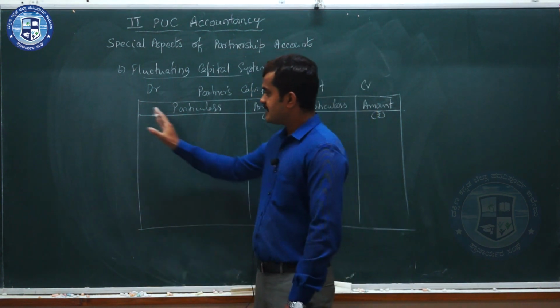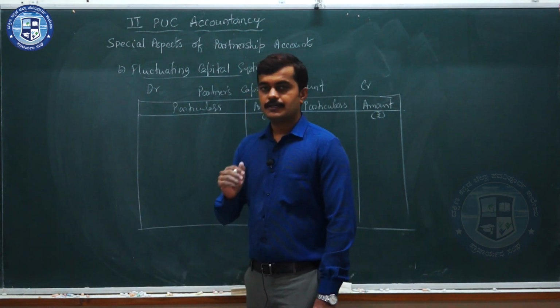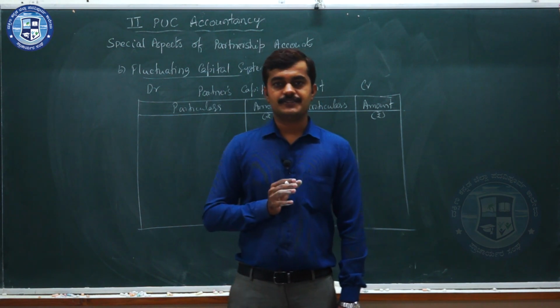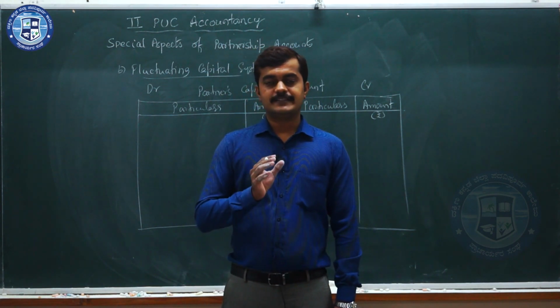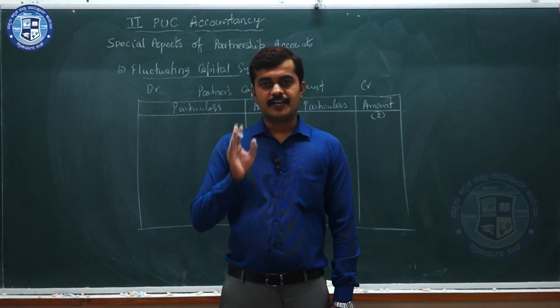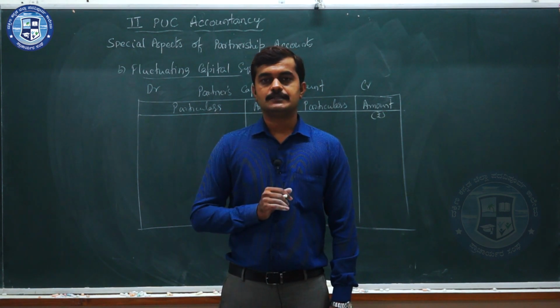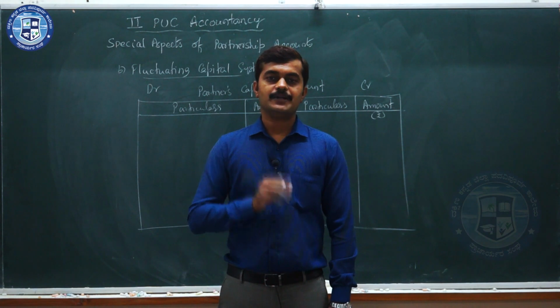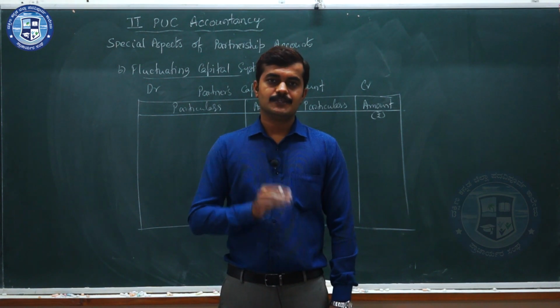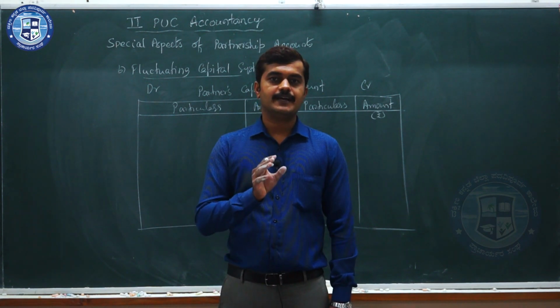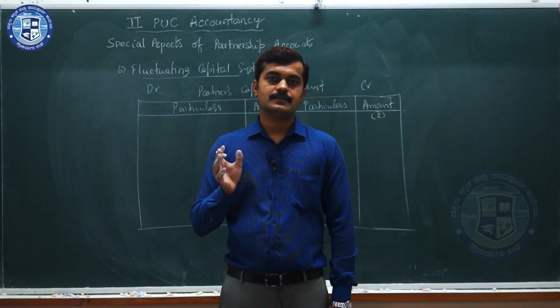Let us understand how or why the capital account balance will change from year after year. Coming to all those 7 transactions, 5 transactions, that is drawings, share of profit or loss, interest on capital, interest on drawings and remuneration to partners, will be recurring in nature.